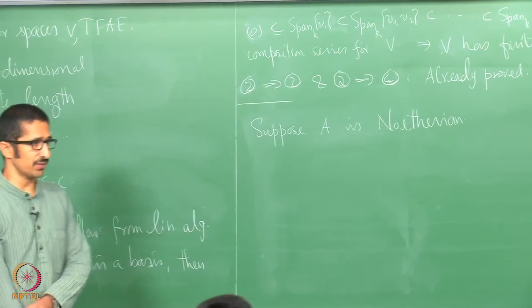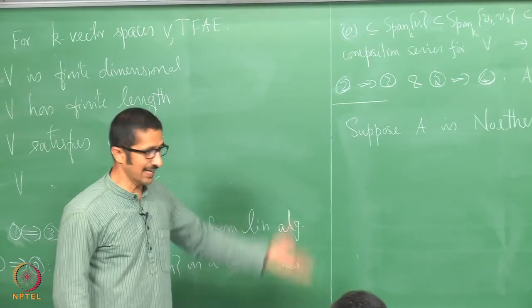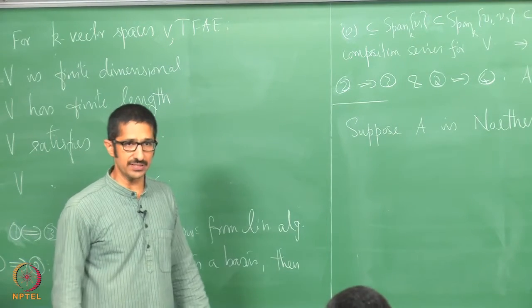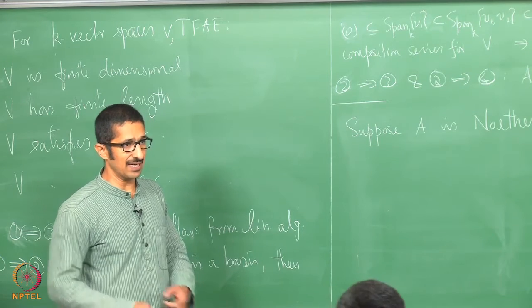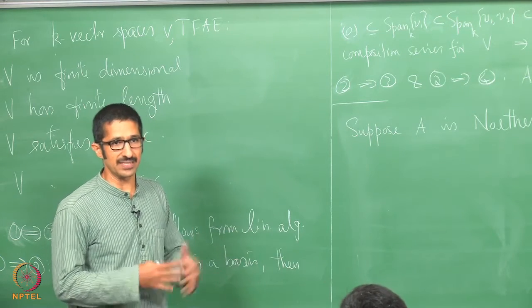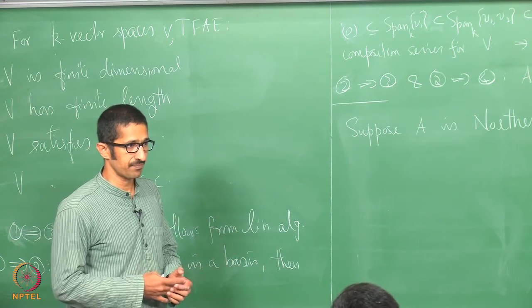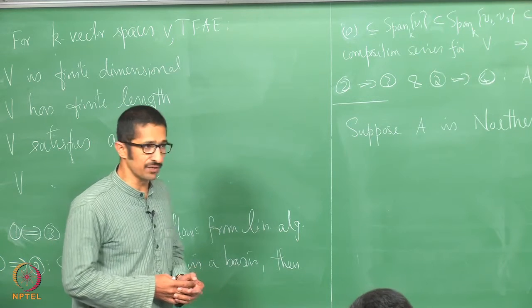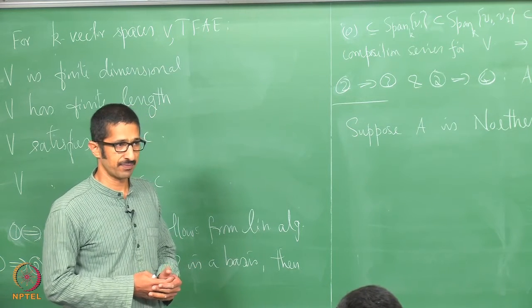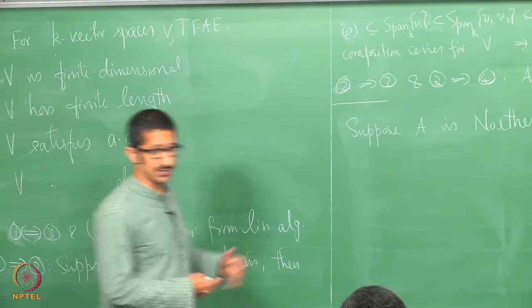When can we say that this has a composition series? Suppose some nice property is true, can we say the length of A is finite? We know that this is not always true.